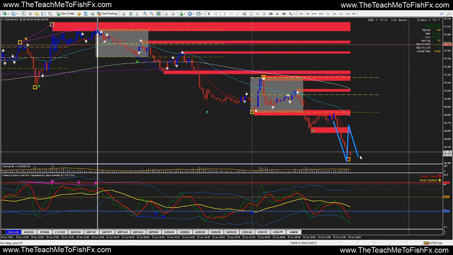Okay, so now remember it could come all the way down to test the first leg here, or it could stop up here. But again, you want it to come down, come up above the 13 EMA, then come back down below the 13 EMA. Okay, and then you want that second leg to break above the 13 EMA.